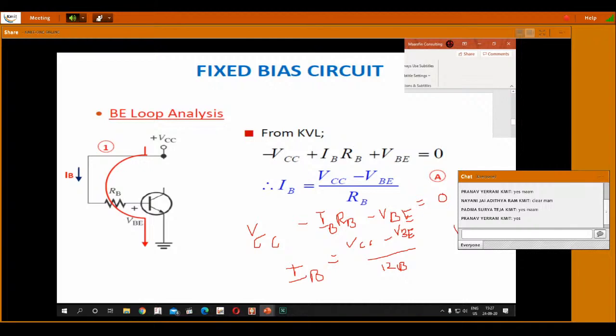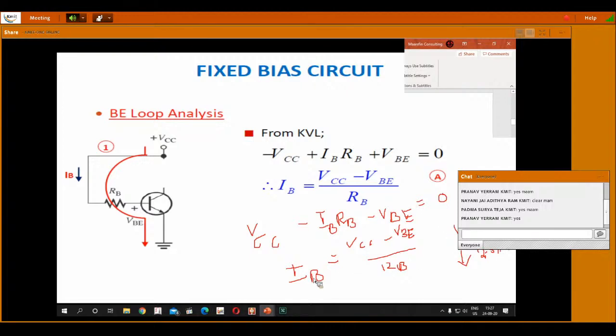If temperature increases, then the base to emitter junction voltage will reduce by an amount of 2.5 millivolts for every degree rise in junction temperature. So this temperature dependency of VBE must be reduced.